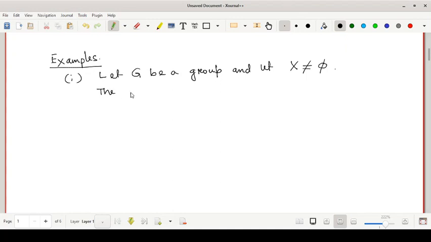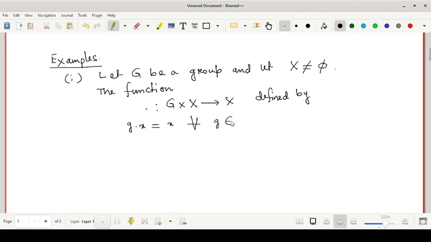The function dot defined from G cross X to X by g dot x is equal to x for all g in G and for all x in X is an action of G on X.